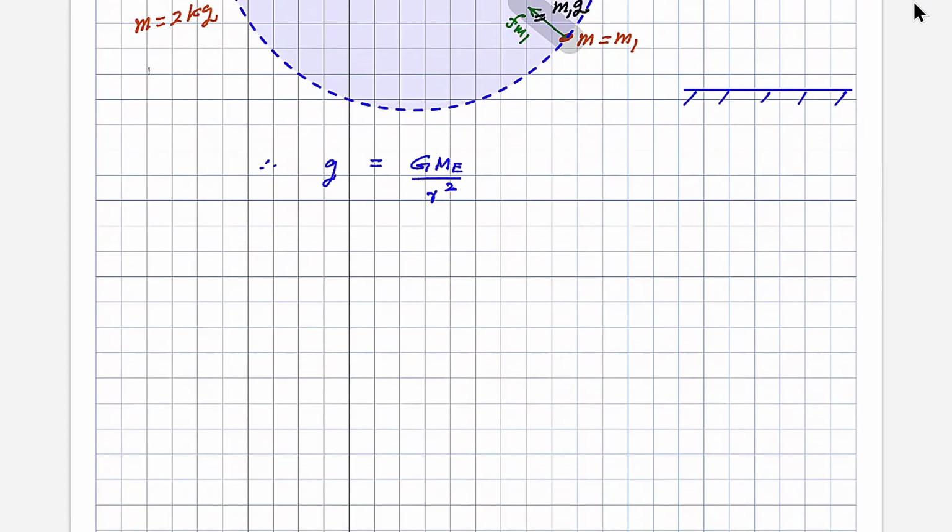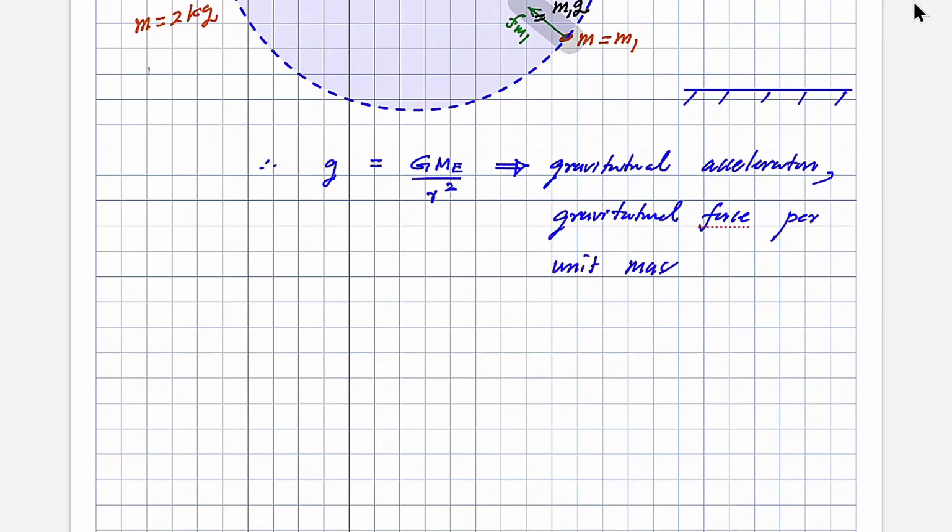Right? So this you can say gravitational acceleration, or you can say gravitational force per unit mass, or you can say gravitational field intensity.